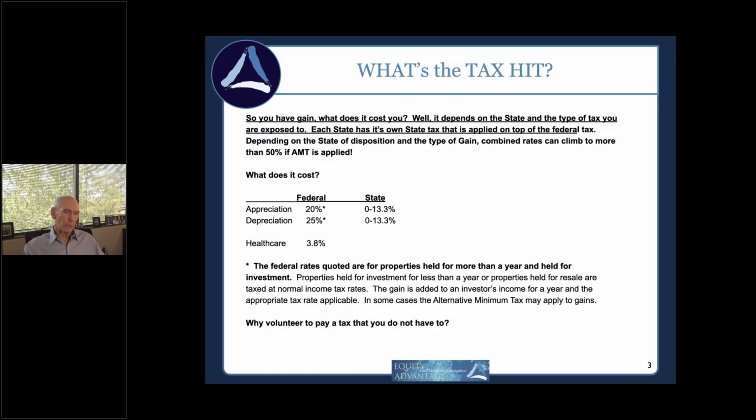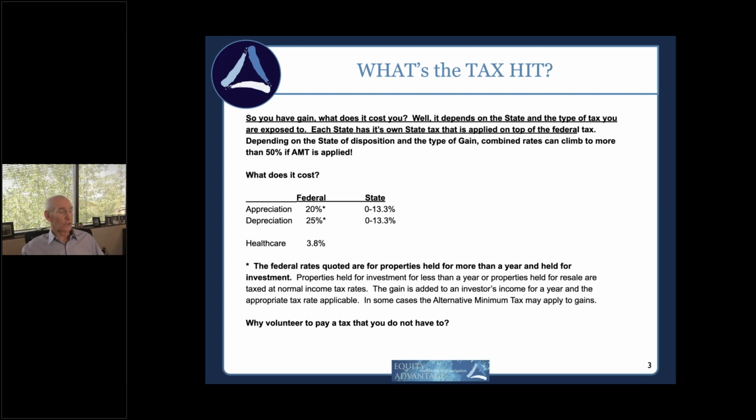So what's that cost you? If you bought and sold something and you did an exchange, or you didn't do an exchange and it was held for under a year, you're going to pay normal income tax on that. So on the federal level, you're paying normal income tax, and you're going to pay state tax on top. If it's something held in excess of a year and held for investment, then most of our clients are looking at 20% federal on appreciation, 25% federal on depreciation recapture.